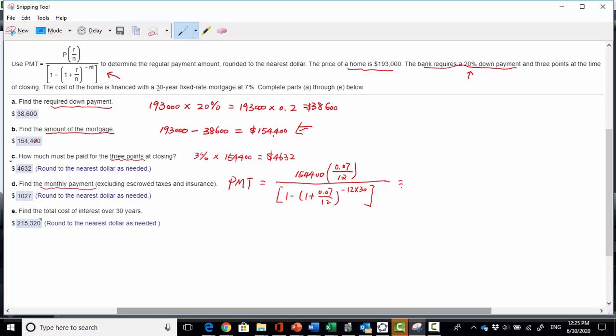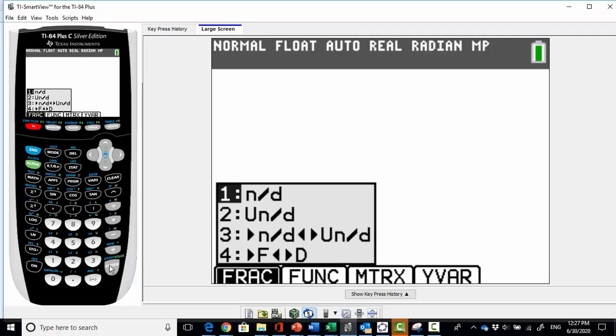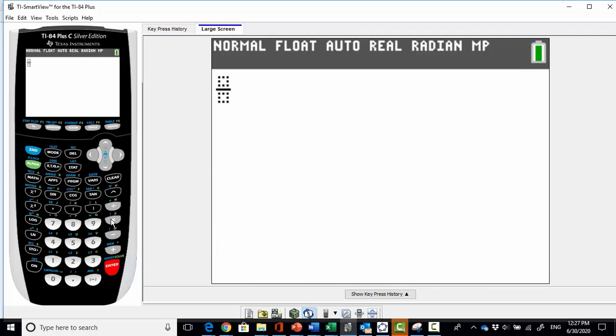Now we're going to put this into the calculator and see what the calculator gives us. Pull out the fraction bar by hitting the green alpha button and the y equal to button and enter. On the top, put in 154,400, which is the amount of mortgage, times 0.07, the r, divided by 12, where 12 is the n, close the parenthesis, and move the cursor down to the bottom.